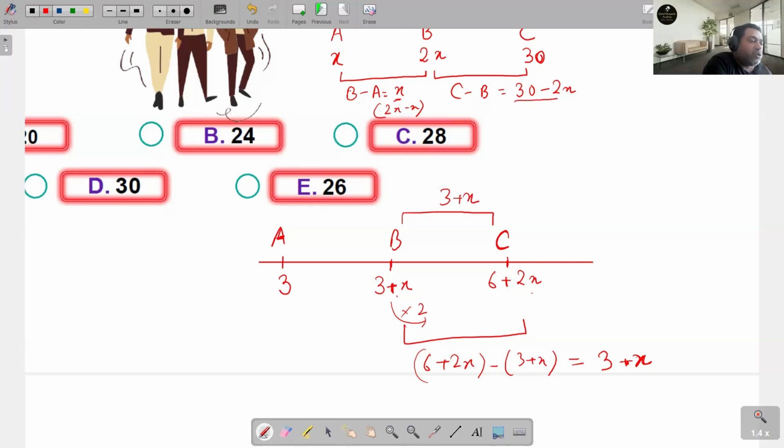Now these two differences are going to be the same, so we can equate them, because the difference between two people's ages always remains constant. So 30 minus 2x is equal to 3 plus x. That gives us 27 is equal to 3x, and therefore, x is equal to 9.